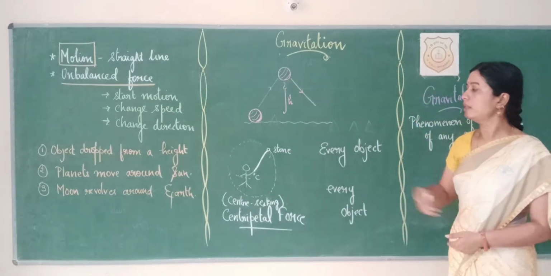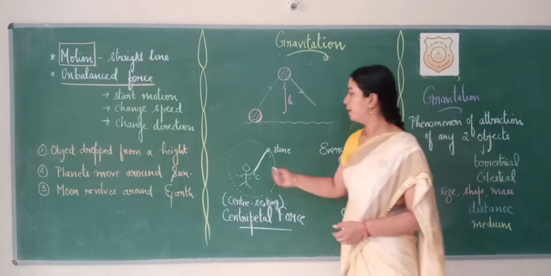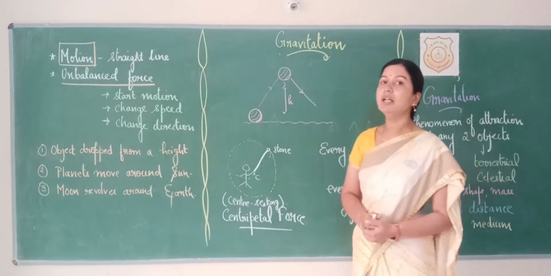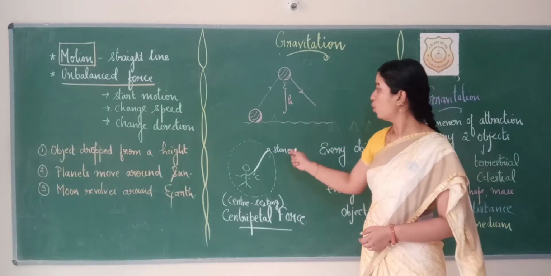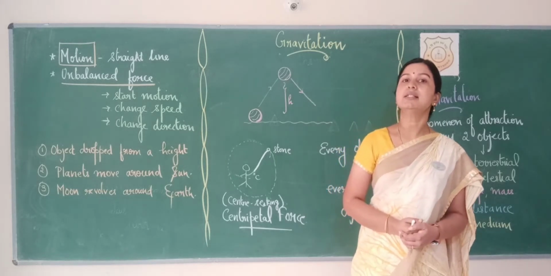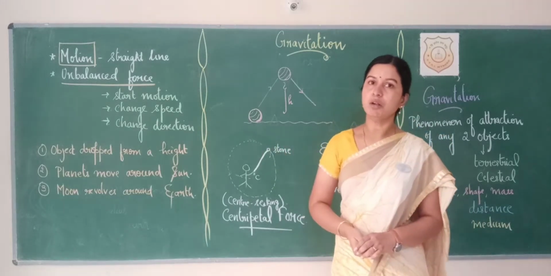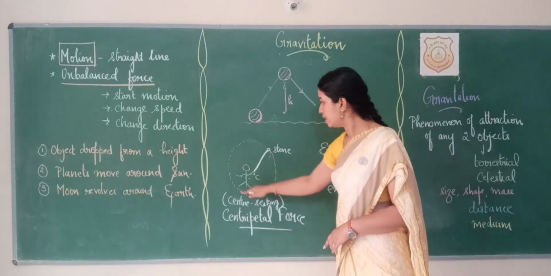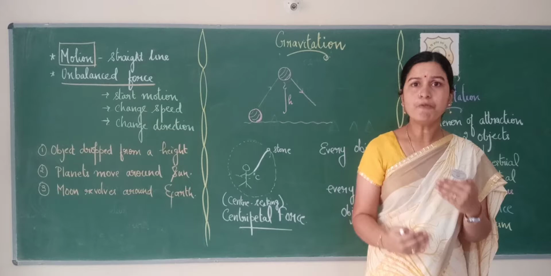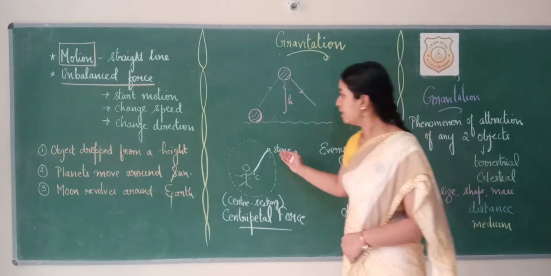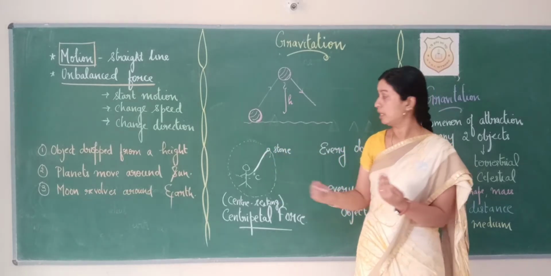Let us take another example, the same example which we had seen in the first chapter, where a person is holding a stone which is tied to a string, and he is holding the string and moving it. So when he is moving the stone, we know that it moves in a circular path, where at every moment the direction keeps on changing. Since the stone is following a circular path, there is some force which is keeping it moving in this circular path, and this force actually comes from the center.